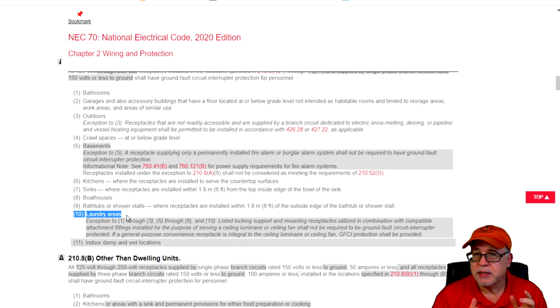That was removed, so if it's a laundry area, it requires GFCI protection. What's interesting is it also requires the dryer to be GFCI protected. Even if the dryer is in the basement, it's required to be GFCI protected as well, because it falls under the scope of 125 volt through 250.